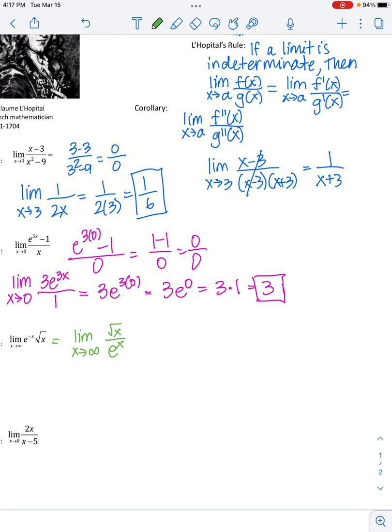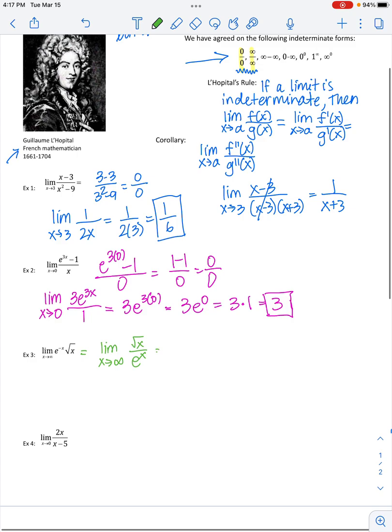And then plug in my infinities and try to reason about what this might be. Okay, my suspicion here is that we have 2 different size infinities. The denominator's infinity is humongous, and the numerator is taking the square root of infinity, which is obviously much smaller than raising e to the power of infinity. So, since it's indeterminate, I'm going to go ahead and take the derivative of it and see what I get.